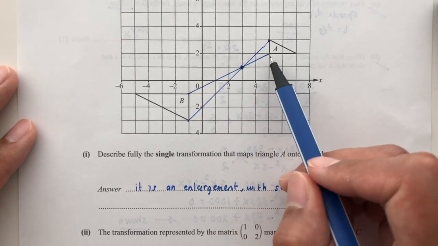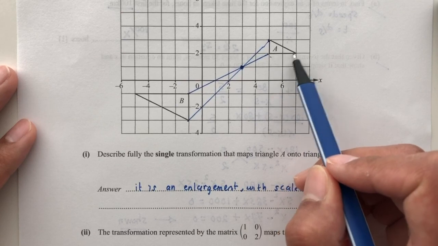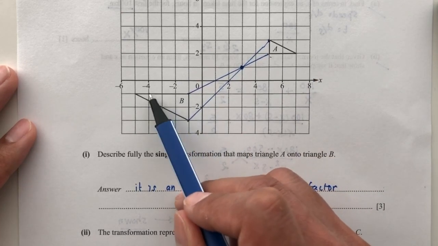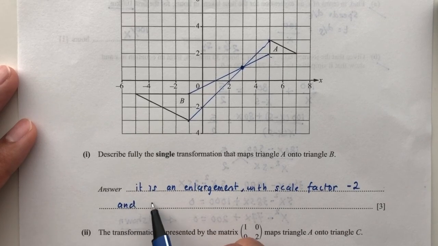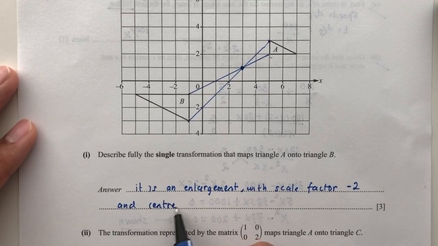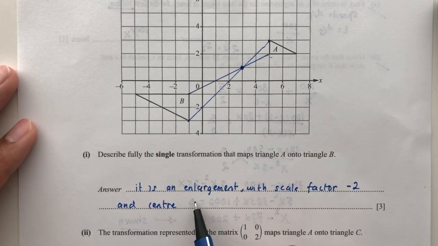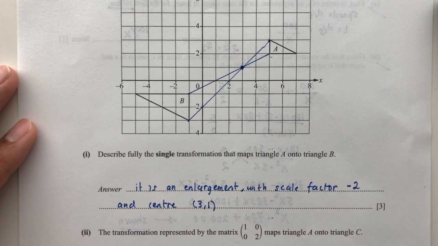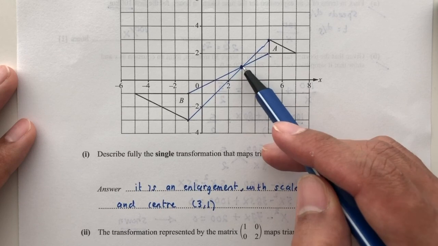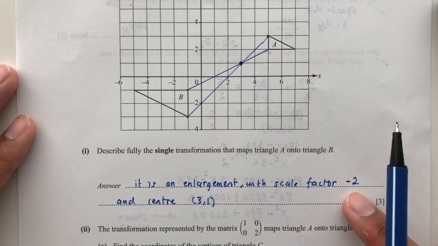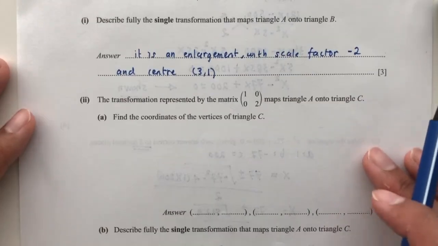The length was 2, 1, 2, and became 1, 2, 3, 4. So it is minus 2. And the center will be (3, 1). Whenever your enlargement is on the other side of the center, the scale factor has to be negative.